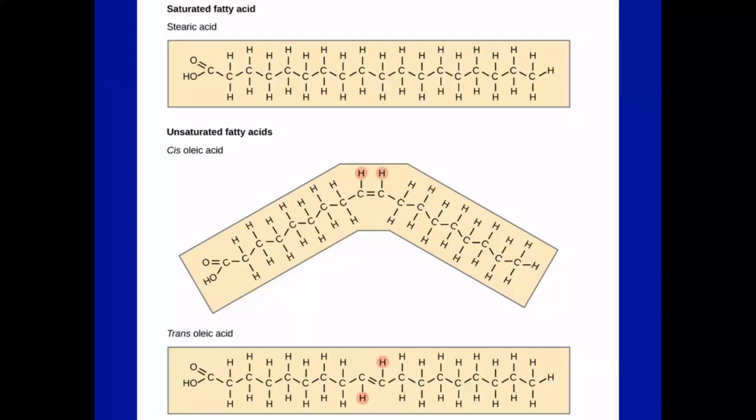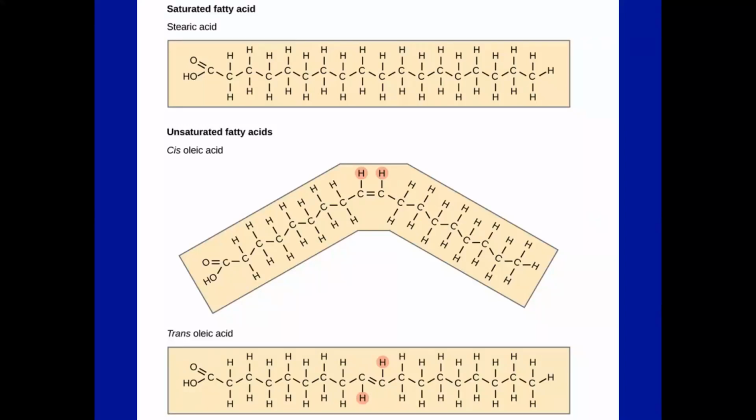If you take something that looks like a brick, you can stack that up on top of other flat structures pretty easily, which is why you end up with a solid fat, because saturated fatty acids can lie on top of each other just like you're stacking books. The unsaturated fatty acids can't lie on top of one another. So that's why you have a liquid.